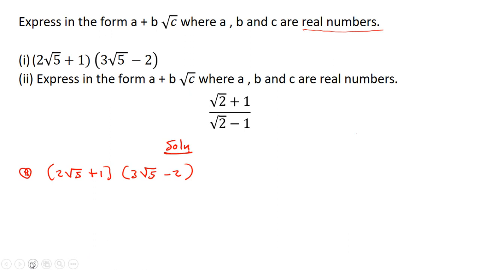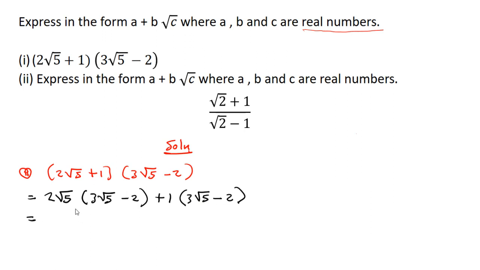Okay, so this is very easy, guys, and these are just free marks. You're going to multiply this by that, and then this by that. So you're going to say 2 square root 5 open bracket 3 square root 5 minus 2 close bracket, plus 1 open bracket 3 square root 5 minus 2 close bracket.